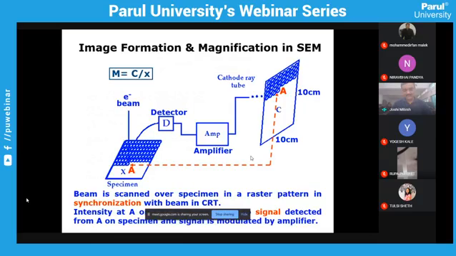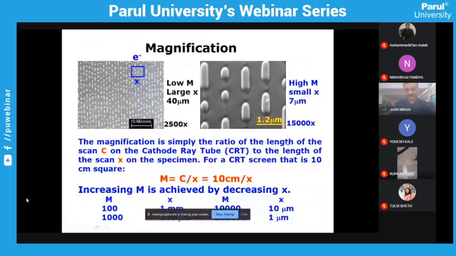I have given a brief of how magnification and image formation occur in a SEM. The beam is scanned over the specimen in a raster fashion, so there is the length of the scan on the specimen and the length of the scan on the CRT.